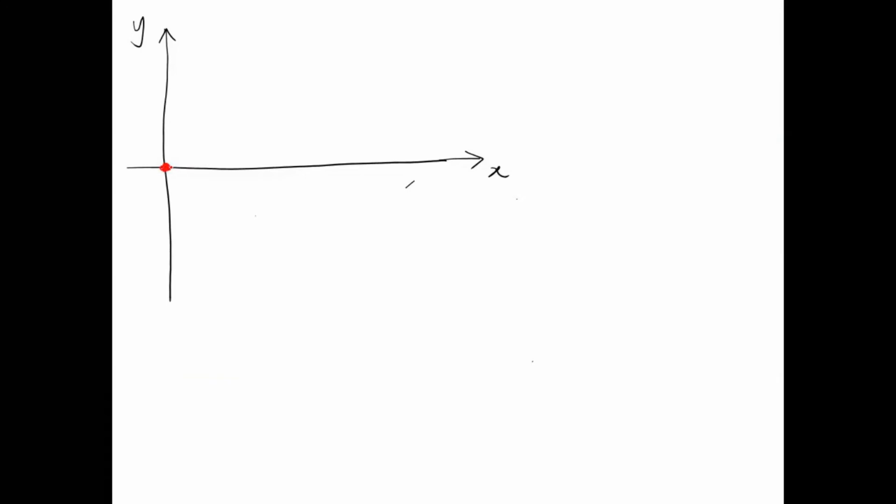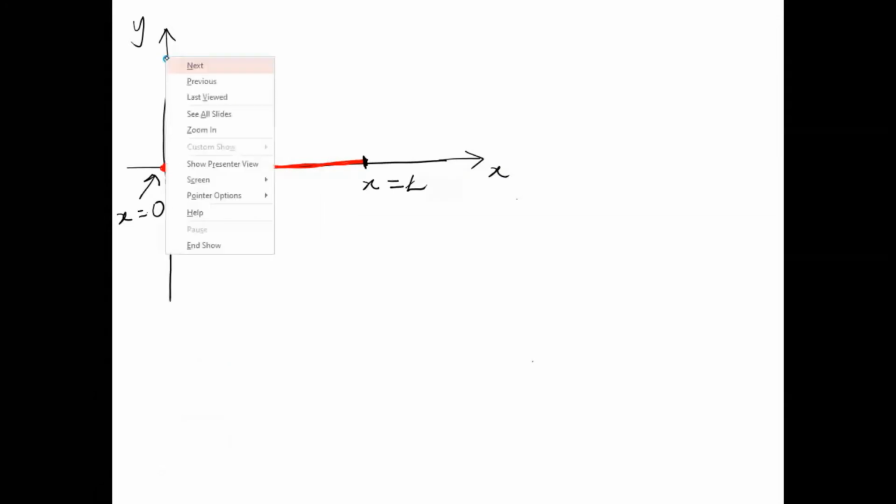It starts from here, that is the origin, and it has a length of L. So this point here is the origin, where x is equal to 0, and this point at the end of the rod is the point x equals L, because that is the length of the rod. We want to find the electric potential at a point along the positive y-axis, at a distance d from here.